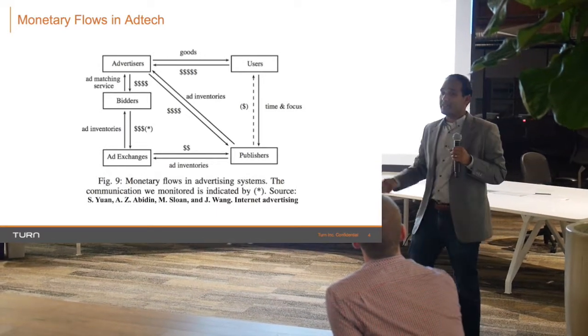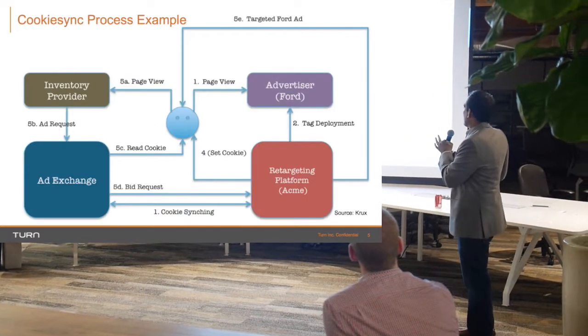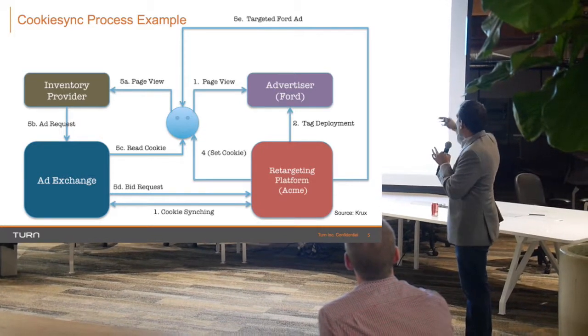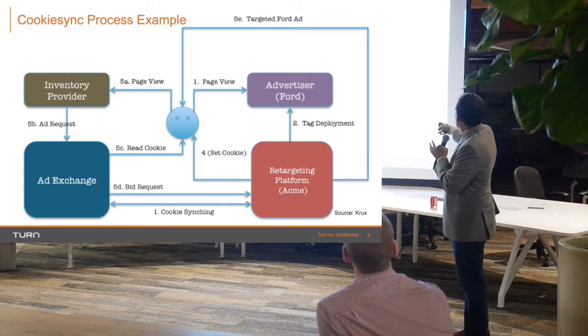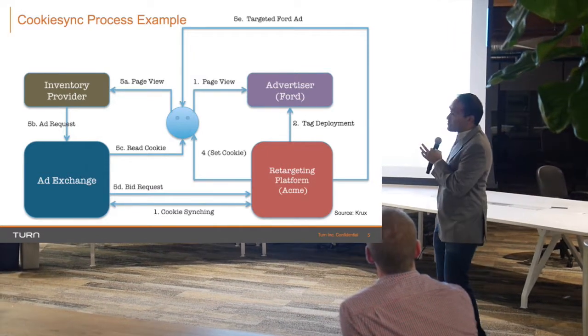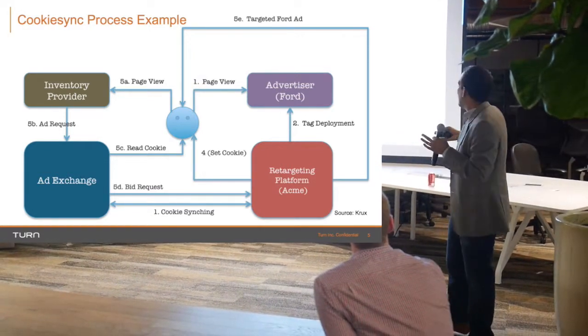So the cookie sync process. Here is, in its really basic form, the page loads, and the advertiser, the retargeting platform, needs to sync. This is from Crux actually, it's not a Turn slide.